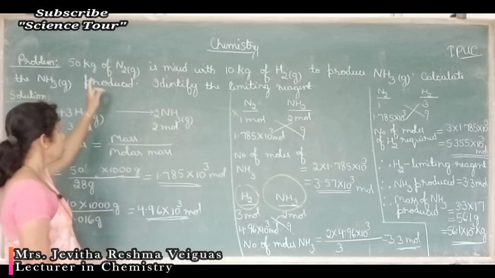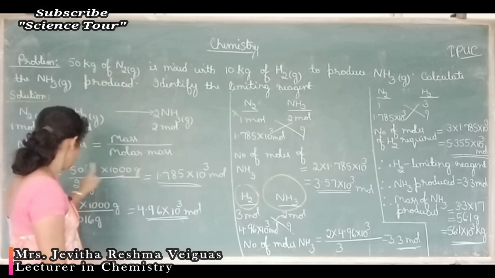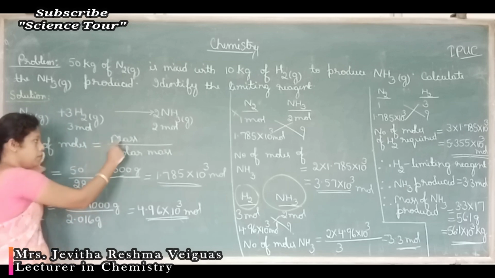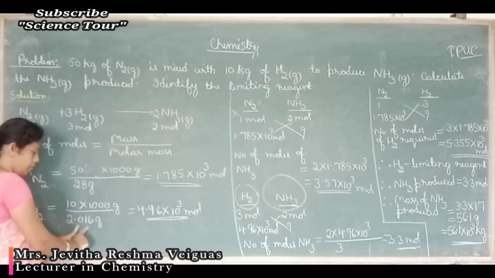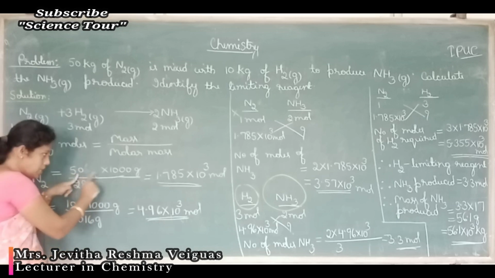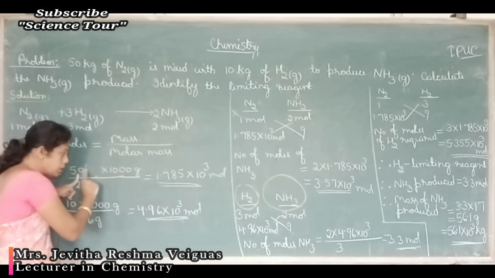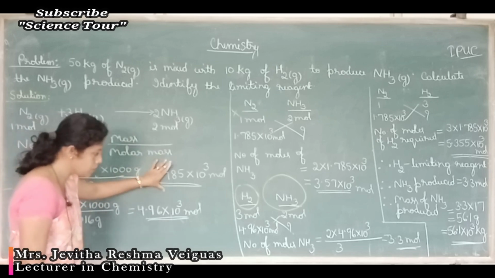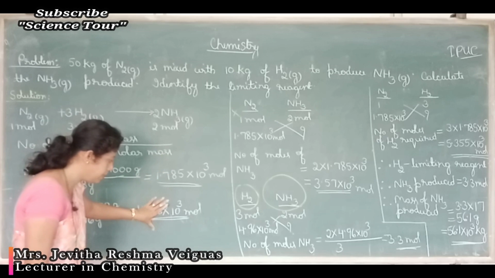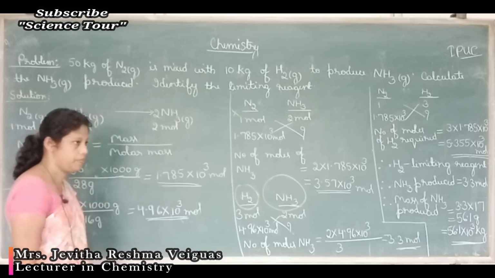Then find the number of moles of reactants given. What is the formula to find it? Mass divided by molar mass. So we have found the number of moles of nitrogen and the number of moles of hydrogen. Here mass is multiplied by 1000 just to convert kilograms into grams. So we got these many moles of nitrogen and these many moles of hydrogen.